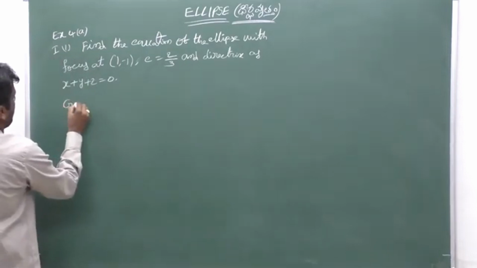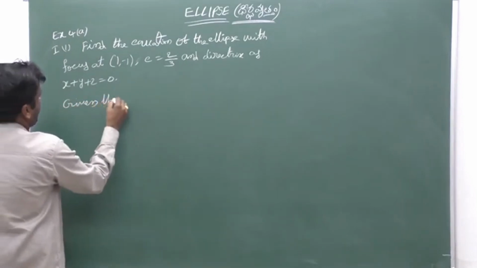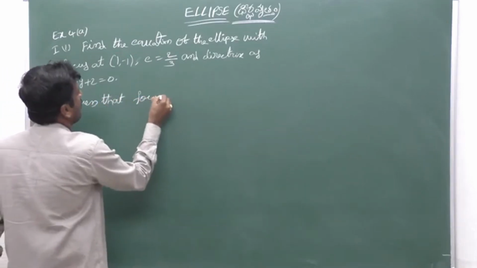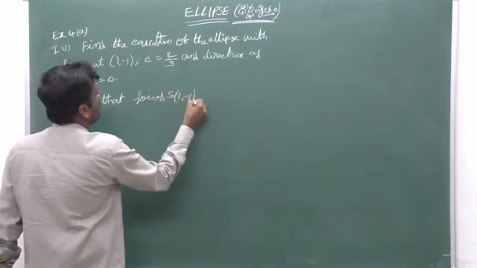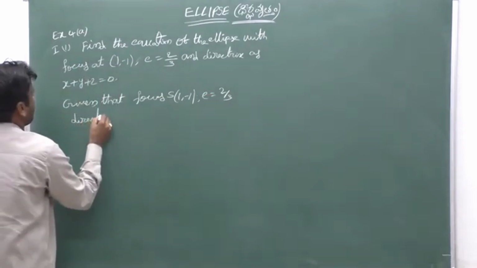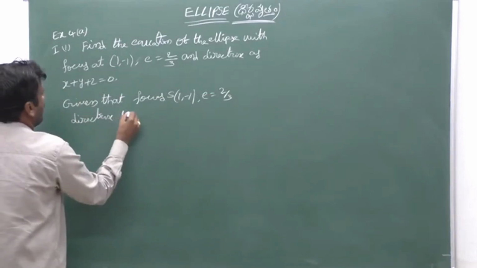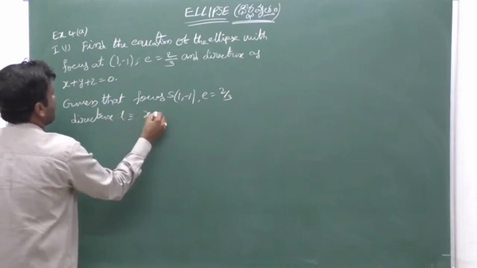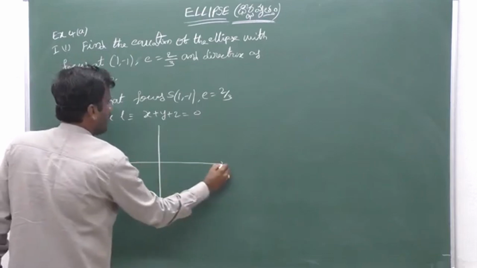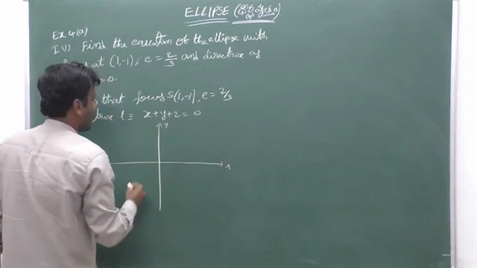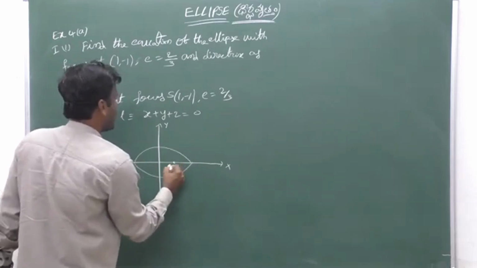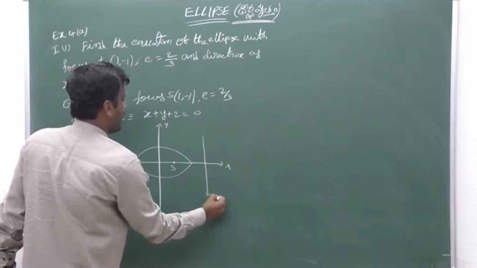Given that focus S is (1, -1), eccentricity 2 by 3, directrix L equal to x plus y plus 2 equal to 0. That means, on the x-axis and y-axis, the ellipse has a focus and directrix L equal to 0.